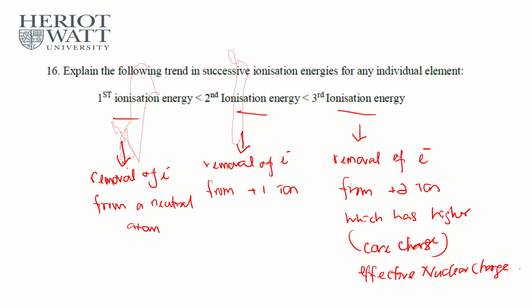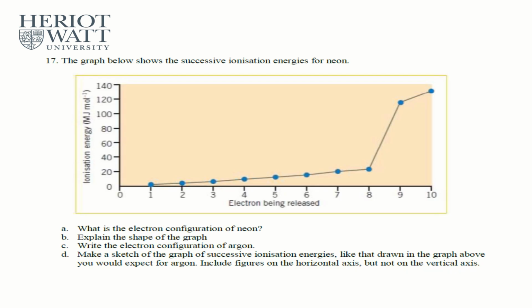So in that case, for the first ionization energy, the electron should experience the lowest core charge or effective nuclear charge. So the energy needed to remove it will be the lowest, followed by the second, slightly higher because it's positive 1, and the third is from a positive 2 ion. All right, so that's 16.